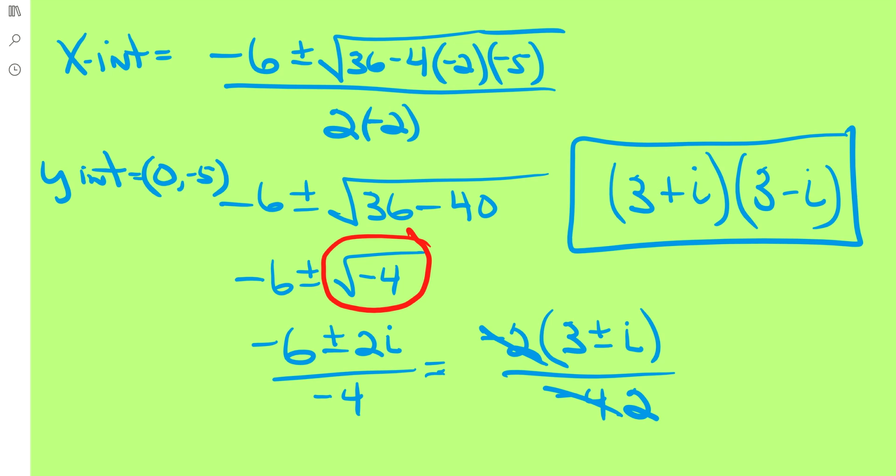You don't have to do all this, because you have an imaginary number. That means you're not going to have any x-intercepts, so you can stop right here and go on and find your y-intercept. And of course your vertex is super important too. All right, let's do some application problems now.